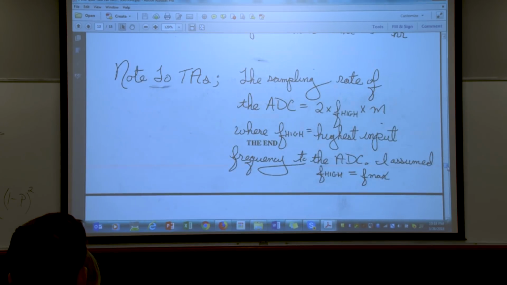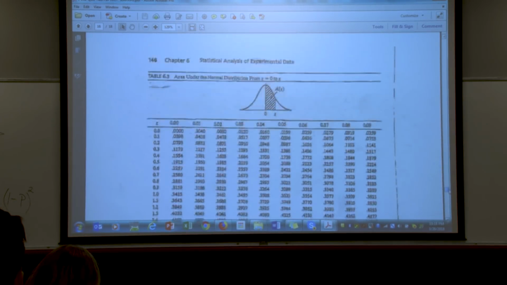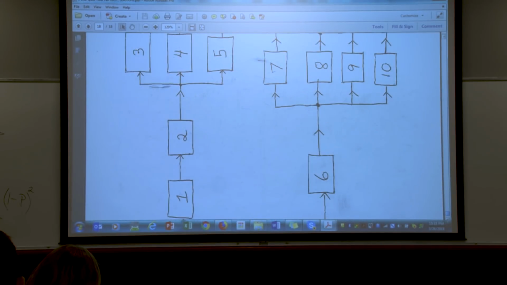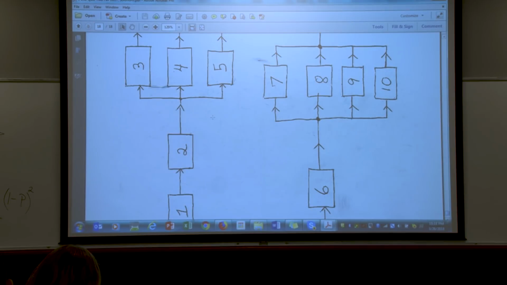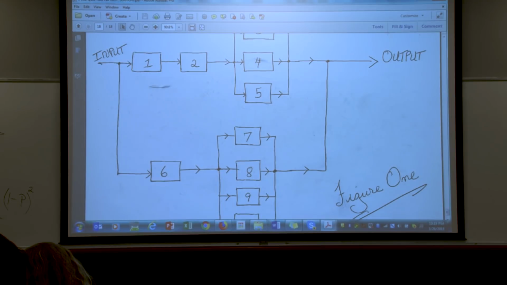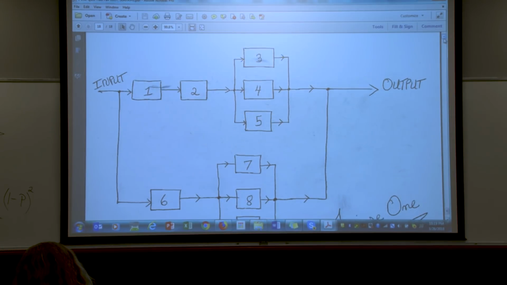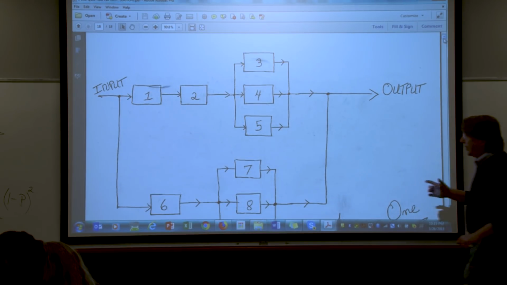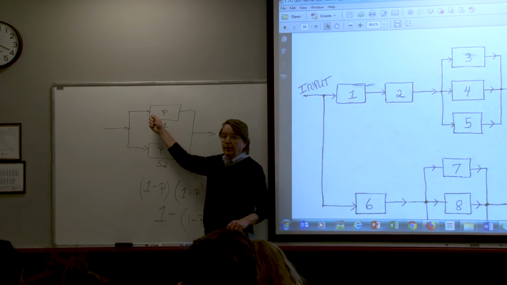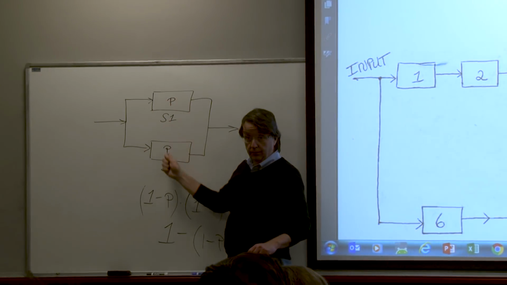So Awa, what I found out was the probability of sensors 1, 2, 3, 4, and 5, all in that whole group, 1, 2, and then sensors 3, 4, and 5, all working. So the trick is, just as I did here, Awa, I must first get the probability of the path working. Okay?